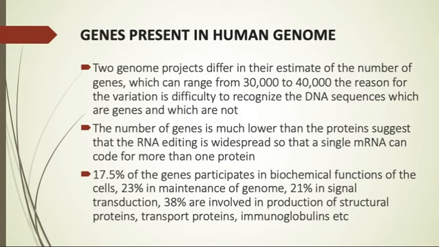The number of genes is much lower than the number of proteins, suggesting that RNA editing is widespread, so that a single mRNA can code for more than one protein. Around 17.5% of the genes participate in the biochemical functions of the cells, 23% in maintaining of the genome, 21% in signal transduction, and 38% are involved in production of structural proteins, transport proteins, immunoglobulins, and the other proteins which are required for the function in the body.